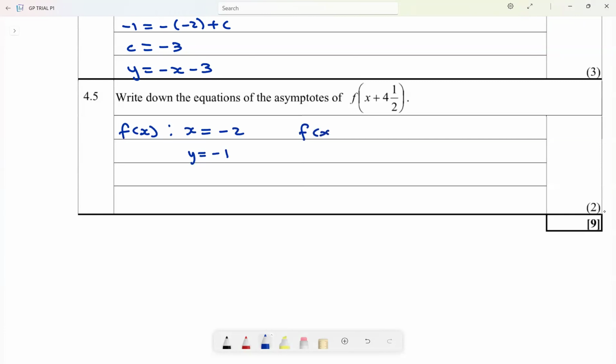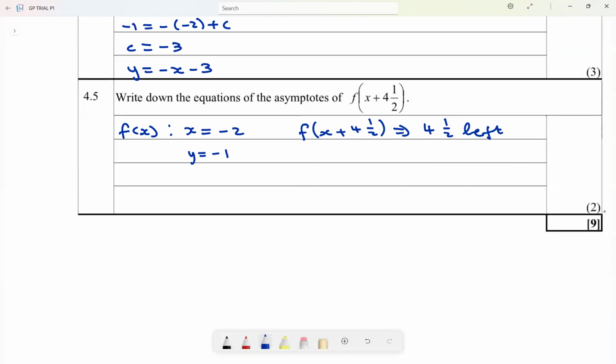But I want now f of x plus 4 1/2. Remember, what do we know? In functions, when I add on the value of x, it means now I'm moving 4 1/2 towards the left. Remember, when I add to the value of x, I move towards the left.